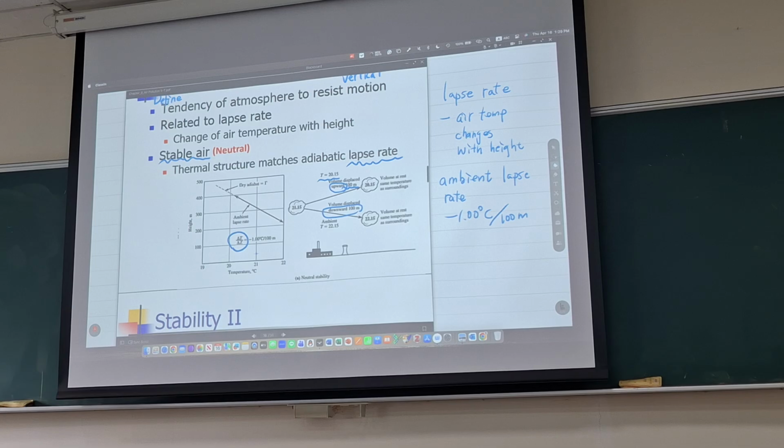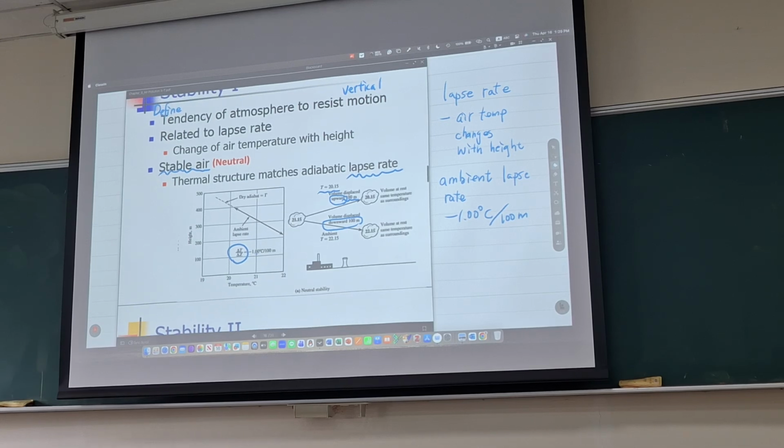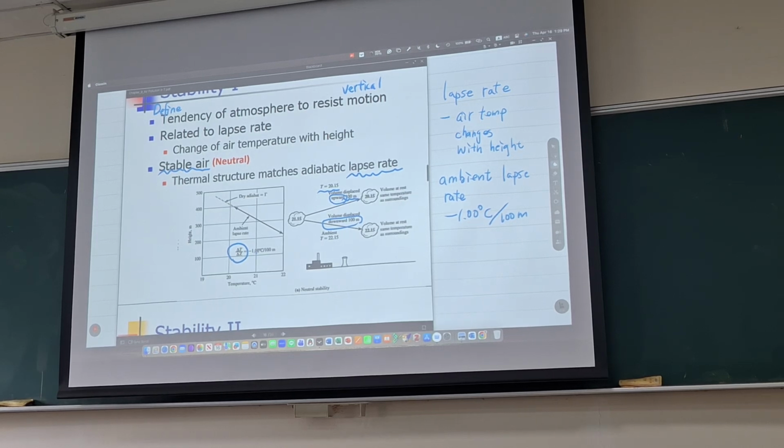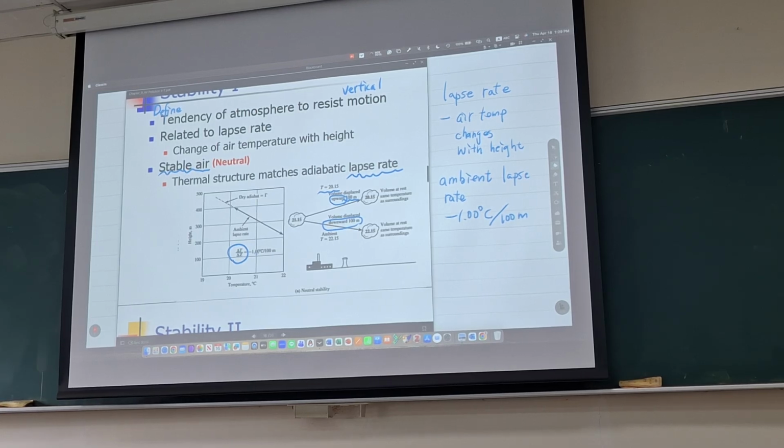Okay, so let me summarize this slide. So this slide is about stability. Okay, so stability is about the tendency of air to resist vertical motion, and it depends on something called lapse rate, which means the change of temperature with height.